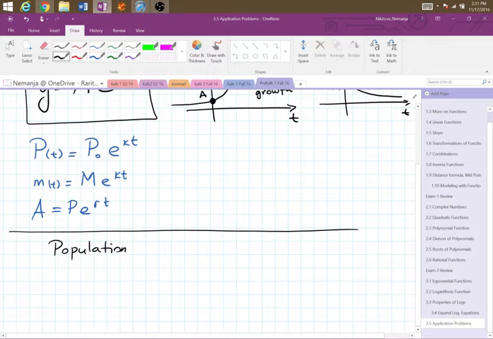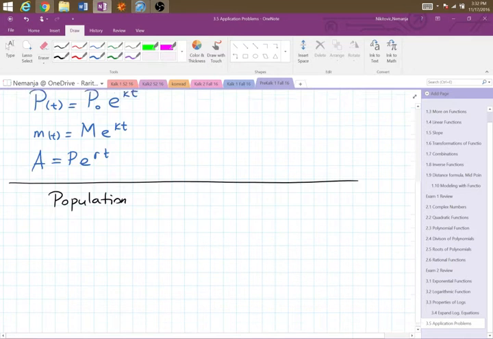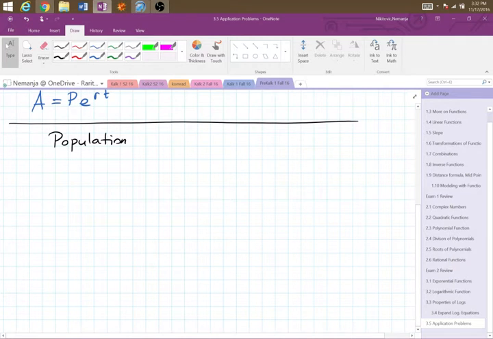So we can use this population model to approximate at what point we are going to reach, what is the year when population is going to rise to whatever number you want to take as the carrying capacity of the planet.